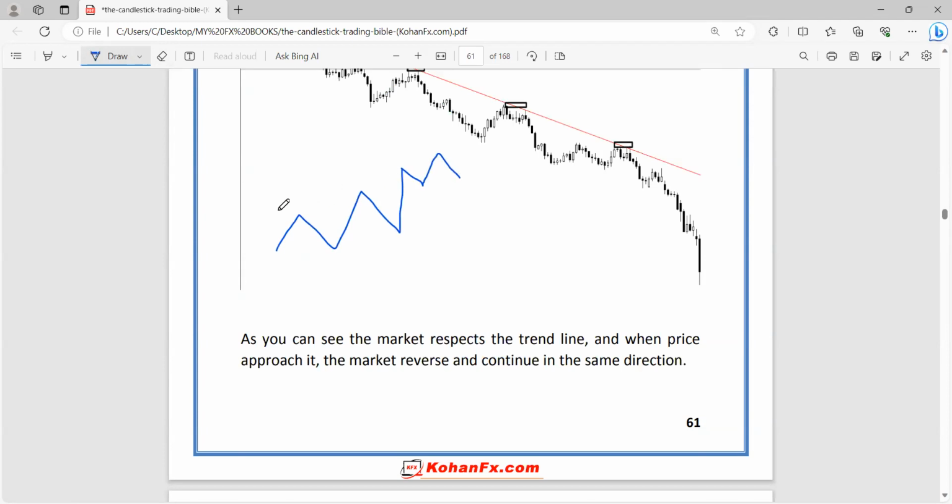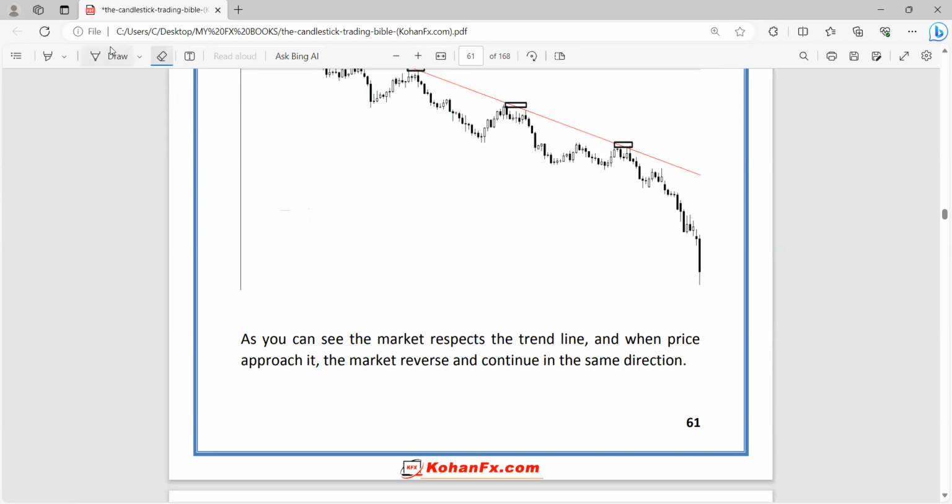Then this level is your resistance level. I'm calling it resistance because it was acting as a barrier to prevent the market from going further up. But when it was broken and the market came back to that level, this is no longer a resistance level, it's a support level.